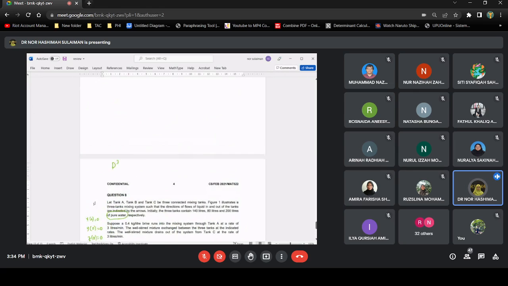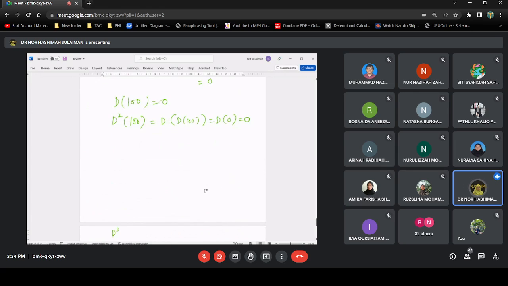Alright, saya nak cerita sedikit pasal assessment tu. Macam mana nak kira dia punya assessment. Kita ada assessment 1, assessment 2 dan assessment 3, dan assessment 4.